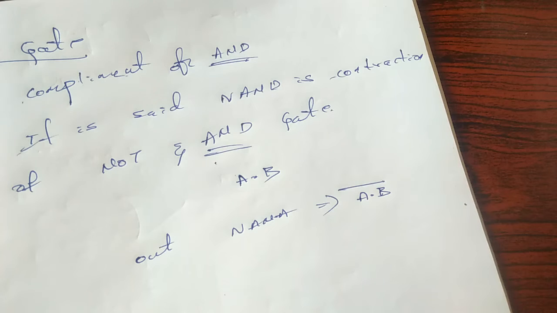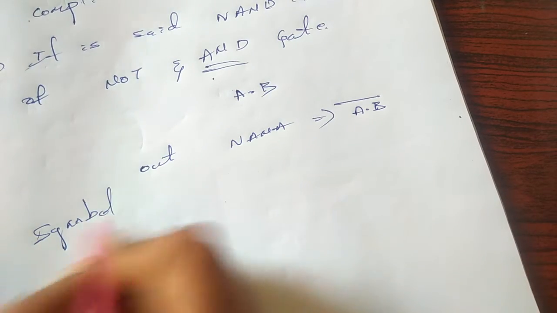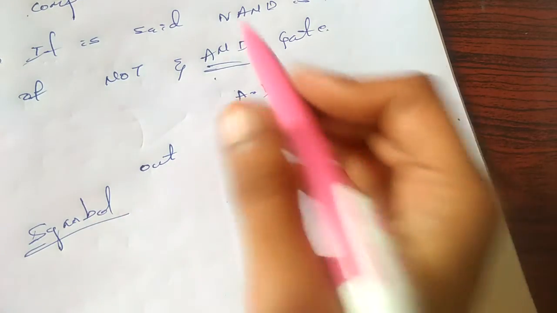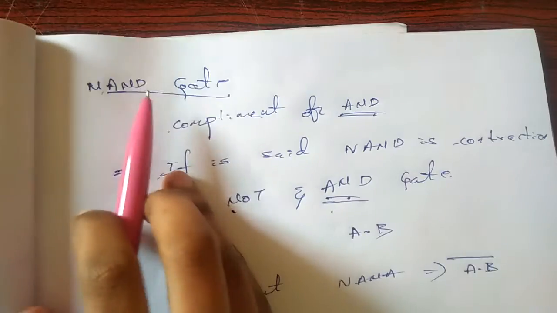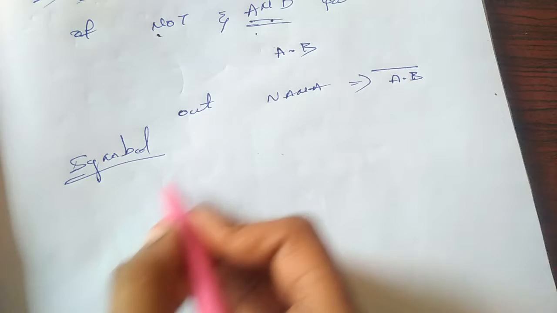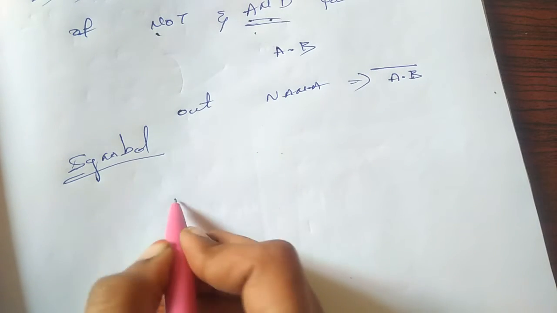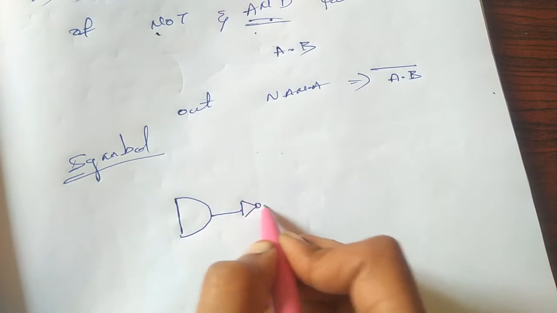Okay. Then what is its truth table? Before the truth table, what is the symbol? I told you that NOT and AND implies NAND. So what is the symbol for the NAND gate? The AND gate, and then for complementing, NOT.